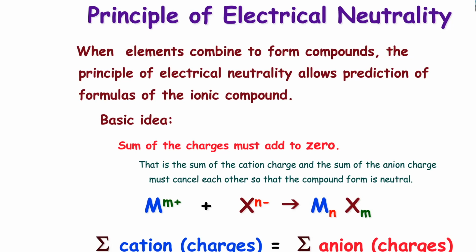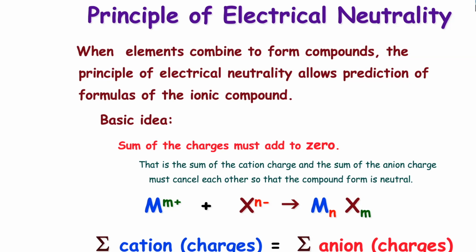The positive charge and the negative charge of the 2 species coming together have to be equal. It was easy to see in potassium and fluorine. Potassium, by giving up 1 electron, is +1. Fluorine, by gaining that 1 electron, is -1. So they come together and become potassium fluoride, 1-to-1.